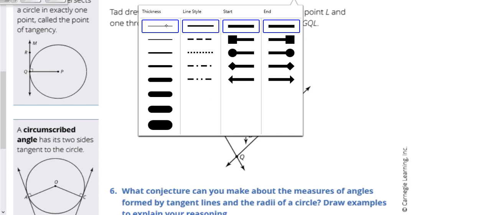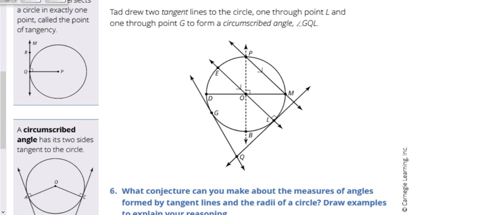Okay, so in this diagram here, it's a little bit confusing what's going on. So line MQ is tangent to circle P. Okay.